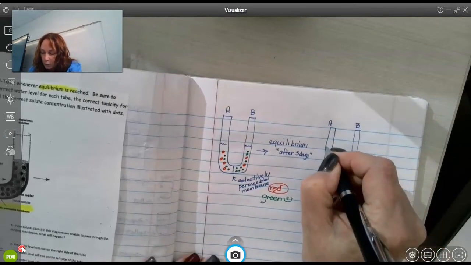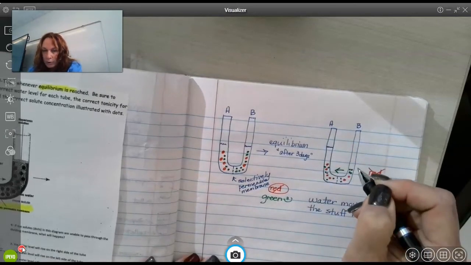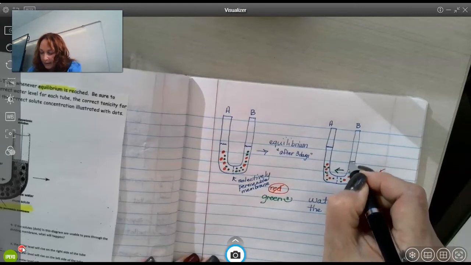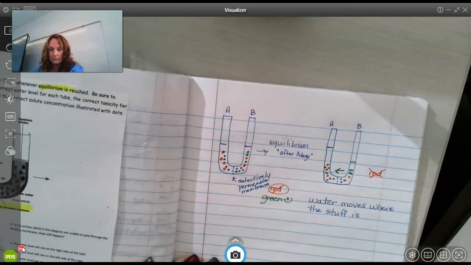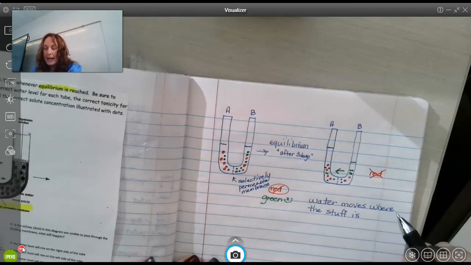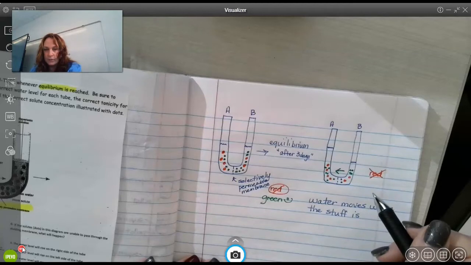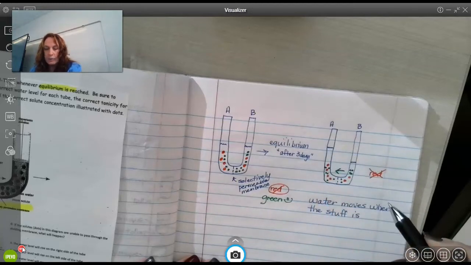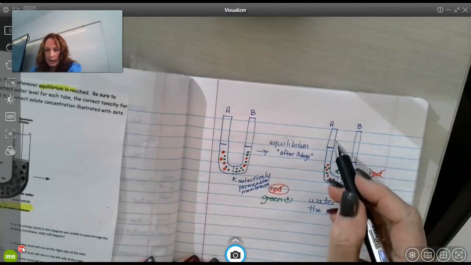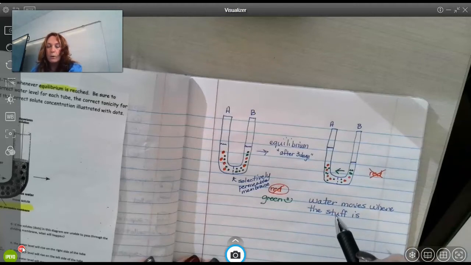So this would have an increase in the water level, and B would have a decrease in the water level. That's the kind of question they'll ask. After 3 days, what was the difference in height between the water levels? A is higher than B. Nobody's going to ask you how much higher. A is higher than B. Why? A has more stuff.